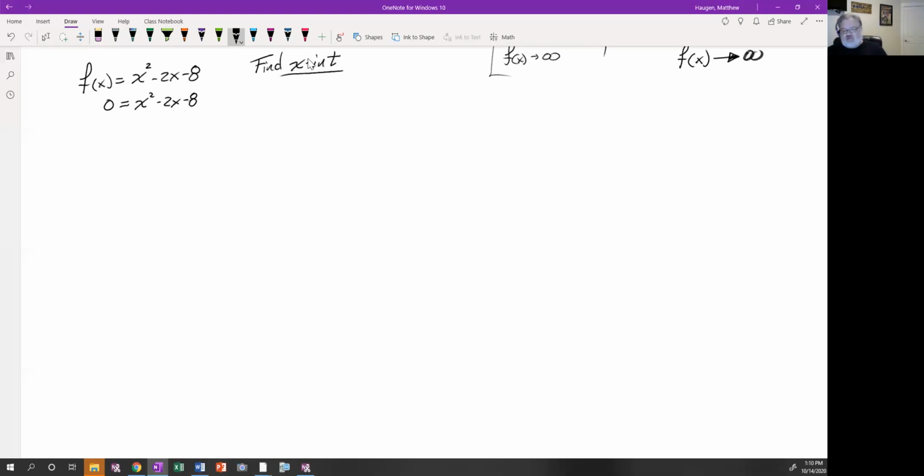But then what do we do? There's a couple different responses. We could complete the square, certainly. We're not going to, but we could. We could use the quadratic formula if we wanted to. But what was the thing we should be trying to do first with any of these?